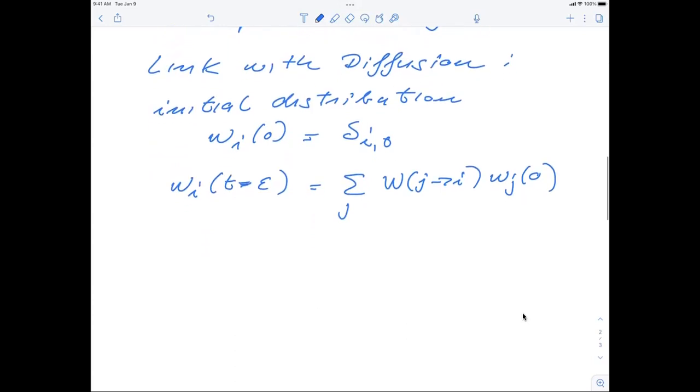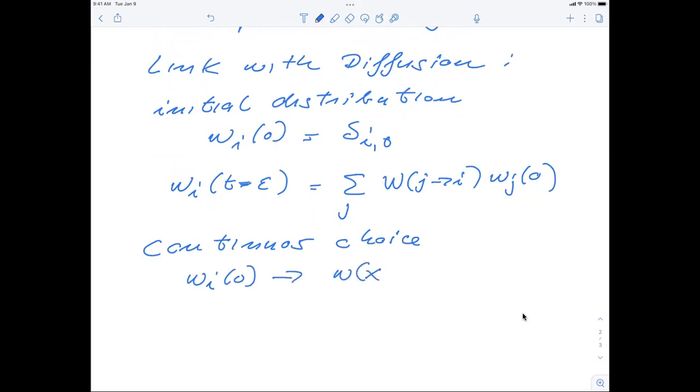So in this case, we have a delta function. Now, what we could do now is to move to the continuous case, and that is where we are going to make the link with the diffusion equation. So if this was a discrete case, so we have discrete events. So if we make the continuous choice, what we would have then is that this probability, this Wi of 0, goes over to a W of x.